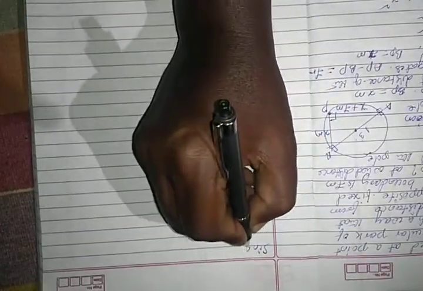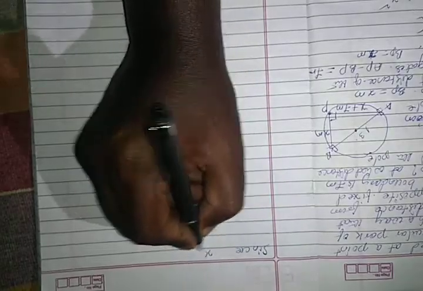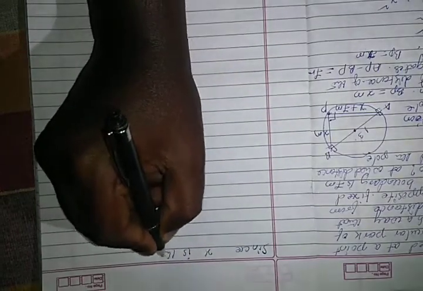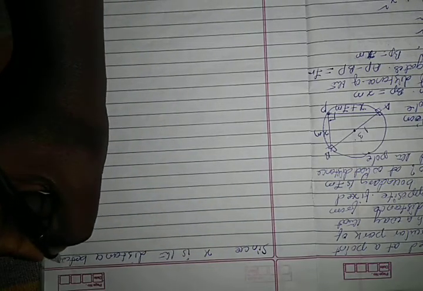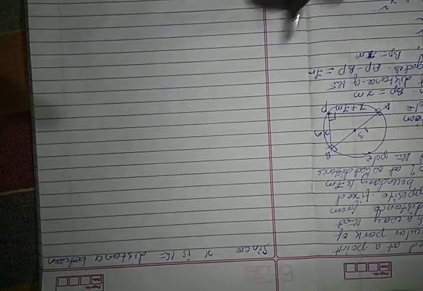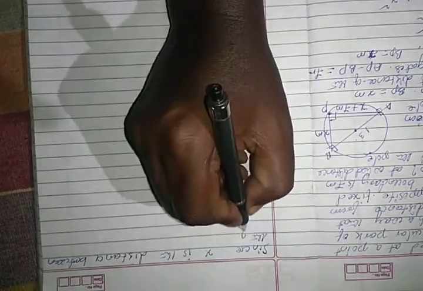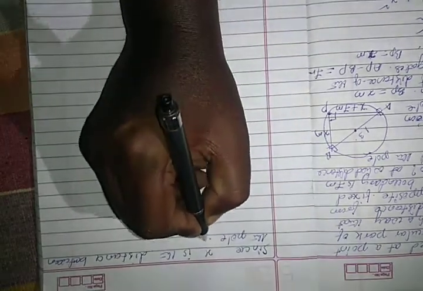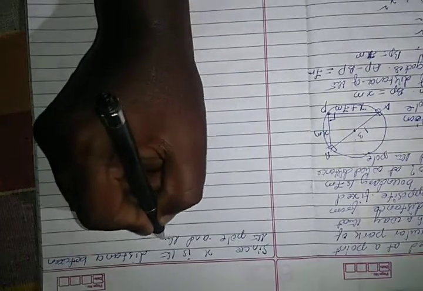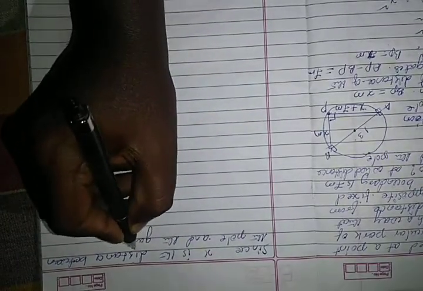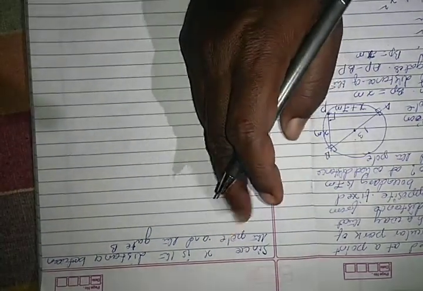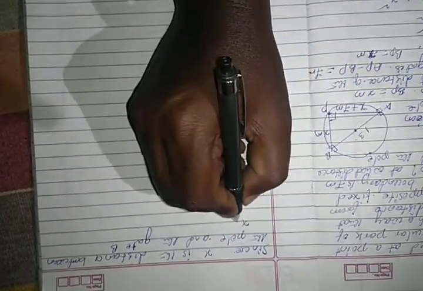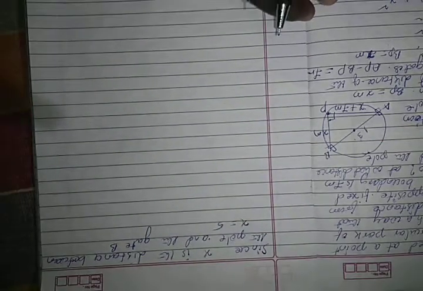The other value is negative, and a measure cannot be negative, so x is 5. Since x is the distance between the pole and the gate B, it must be positive. Therefore, x is equal to 5.